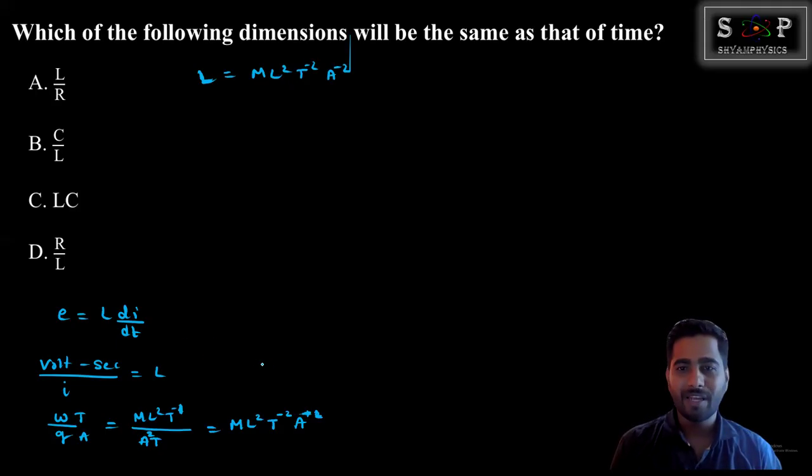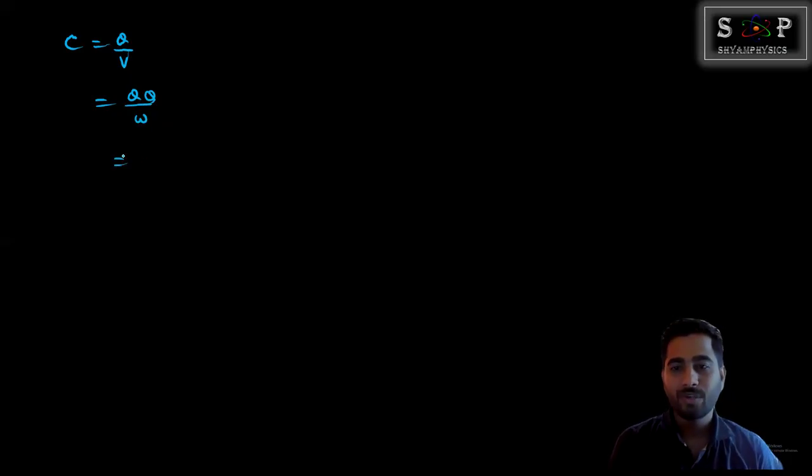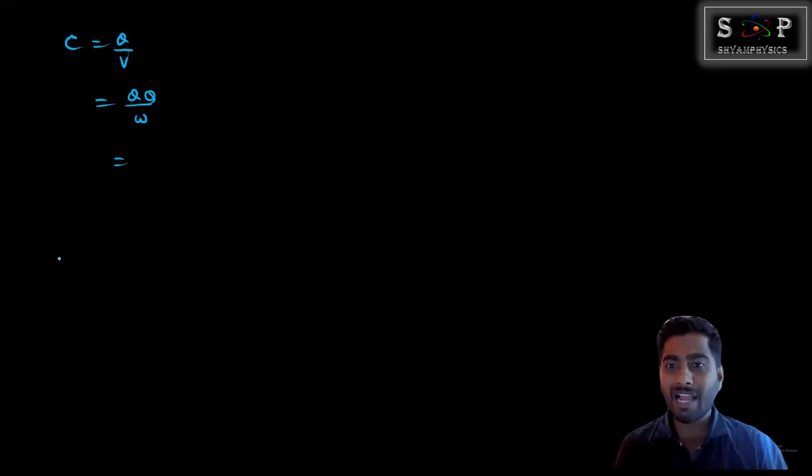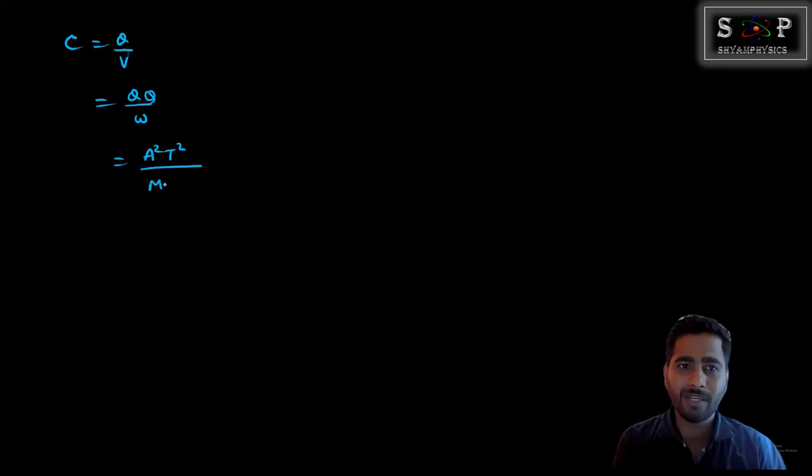Similarly, we have to calculate capacitance. So capacitance C is equal to Q by V. Q divided by V means work done per unit charge. So Q square, Q basically we are writing in terms of ampere into time. So we can write here ampere square into time square divided by work done, which is nothing but m L2 t to the power minus 2. So m to the power minus 1 L to the power minus 2 t to the power minus 2.